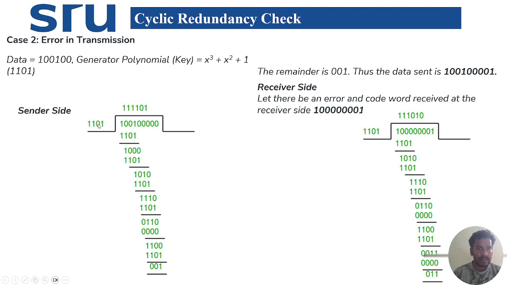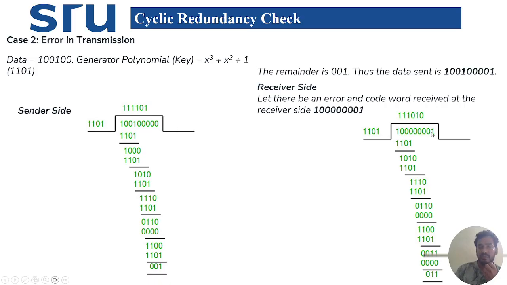Before calculating, we need to add 0 0 based on this L minus 1, and go step by step to the final stage, where there is no option for further calculation. So the remainder should be 1 0 0 1. The remainder should be added to the data we took for the calculation.